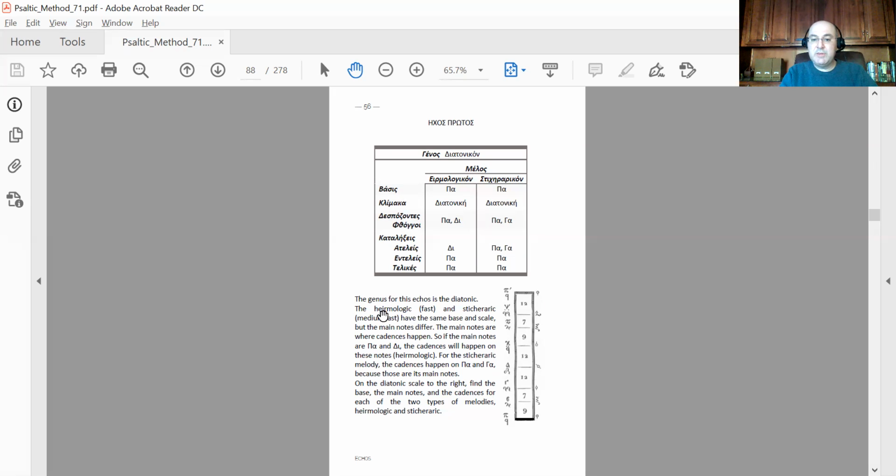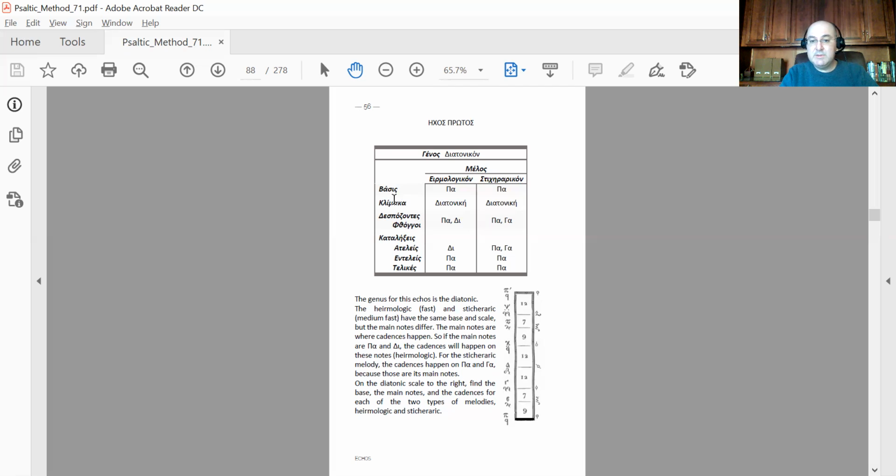The genus of this hijos is diatonic, or diatonikon. The ειρμολογικόν is fast and the στιχηραρικόν medium fast. I call it medium fast because we have fast, medium fast, and slow being the papadikon. So the ειρμολογικόν and στιχηραρικόν melos have the same base and scale, but the main notes differ.